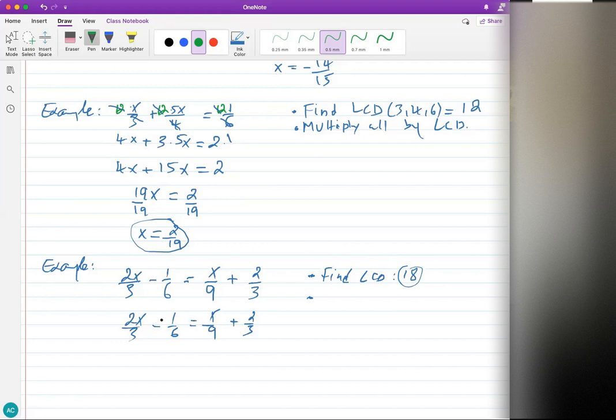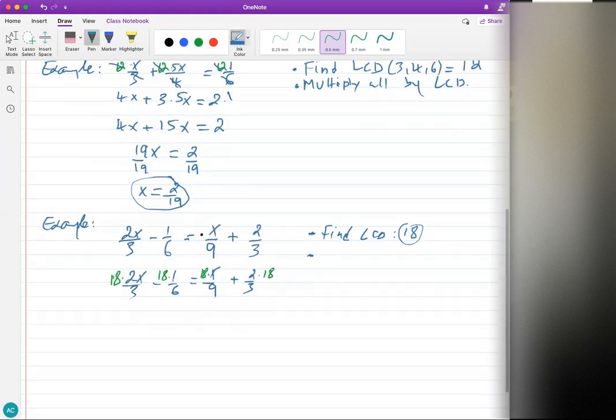Just like the previous example, what happens to this equation with the LCD? So right here, the step is: find the LCD, and multiply. Okay, so multiply all by the LCD, meaning just put that 18 next to each one of these. Just like that. Okay, and all these denominators will magically disappear all at once.